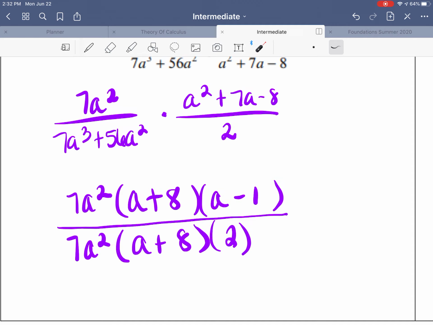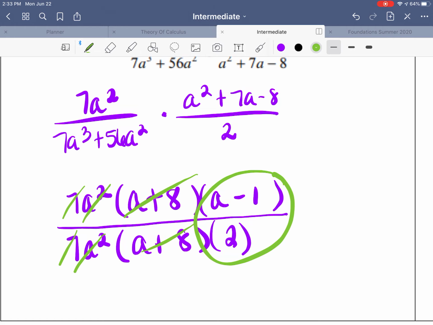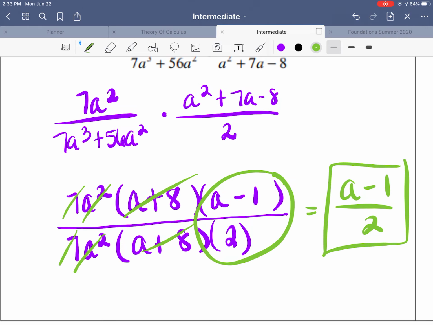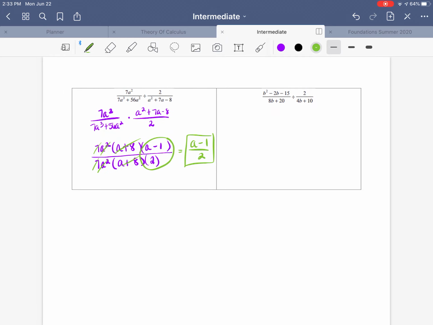Now we can start simplifying, which means these a plus 8s and these 7s and these a squareds. So we are left with a minus 1 over 2. Super simple. Last one.